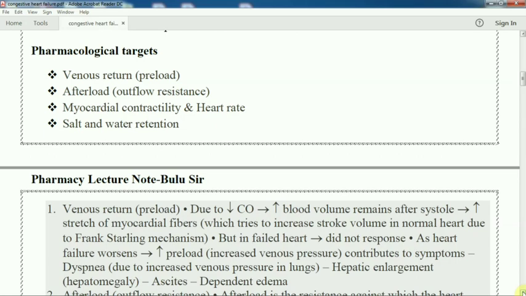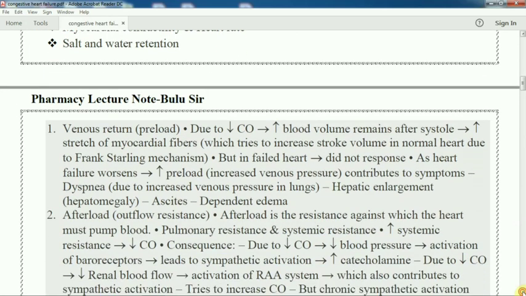So this is the venous return or preload in a congestive heart failure patient. So what happens in the case of afterload?